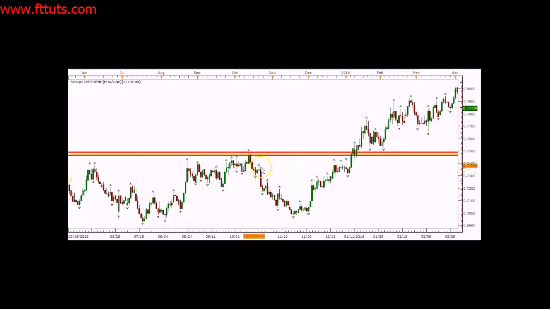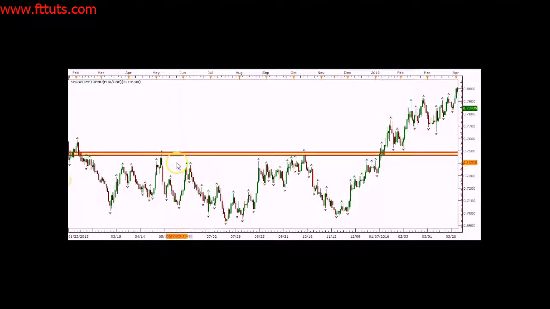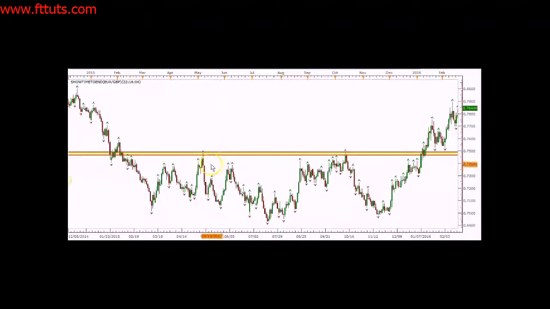So now when I look at it back here, I want to make sure it touched some things. Also I see that this wick here, the body was down here, so I would probably want to move that zone down. So now that zone level is going to be 74,362.